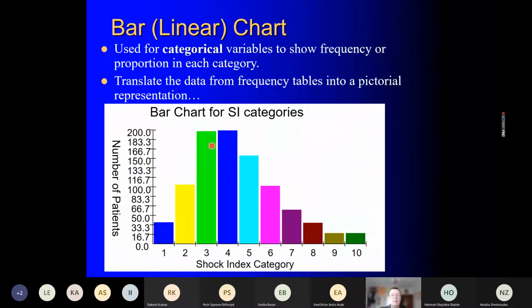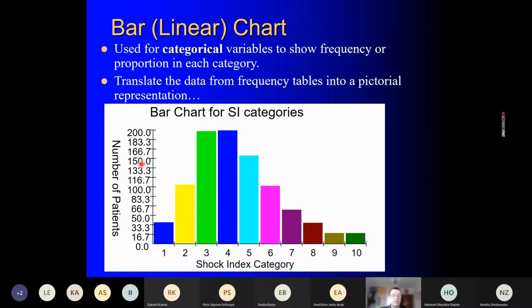Okay, and here is an example where we have categorical variables and want to show the frequency or proportion in each category. Here we have shock indexes, which are definitely categorical variables, and actually also ordinal variables. We have 10 levels of shock index that a patient could suffer, and the order matters, so it's an ordinal variable.